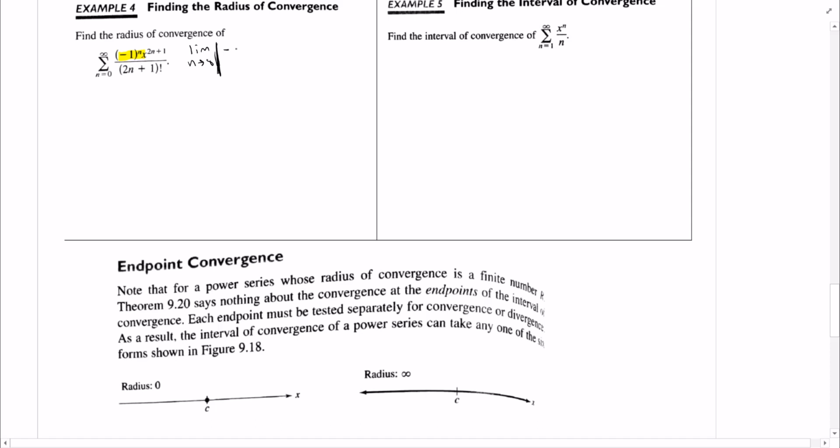So this is going to be negative 1. Remember, for the top one, we're replacing all n's with n plus 1. We're not replacing x's with n plus 1, we're replacing n's with n plus 1. Okay, and divided by 2. It's a good one.